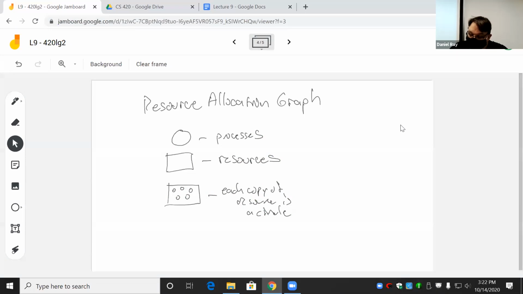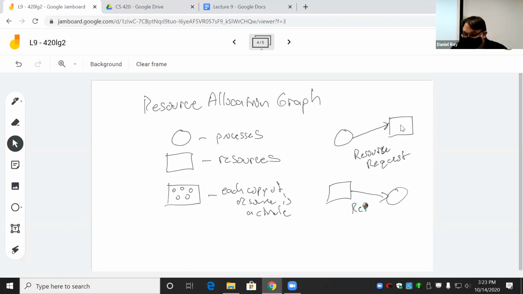If you have an arrow leaving a process and arriving at a rectangle, that is a resource request. If you have an arrow leaving a box or a resource and arriving at a process, that is a resource allocation. Okay?